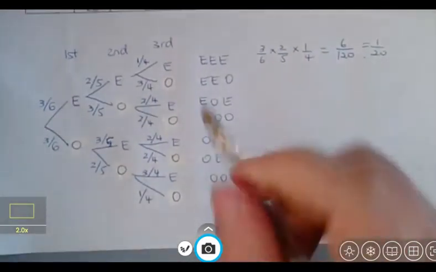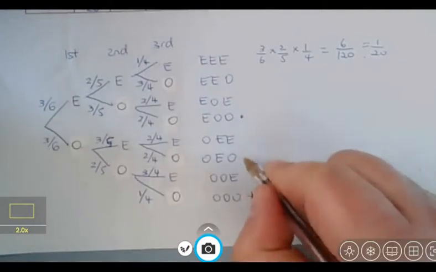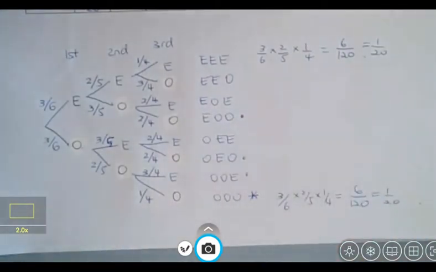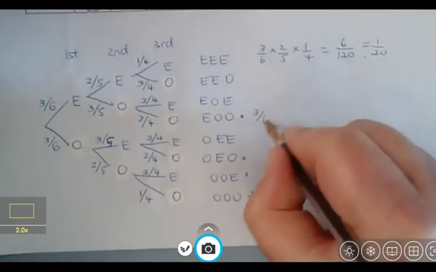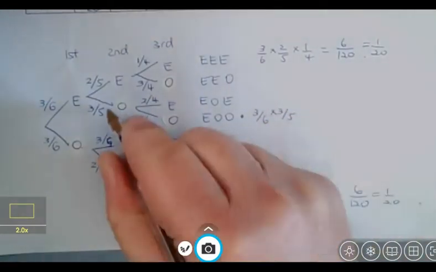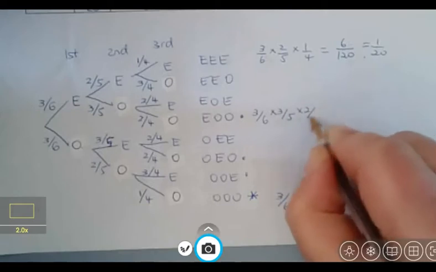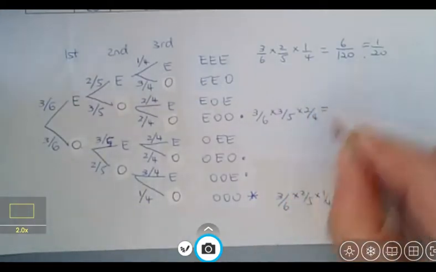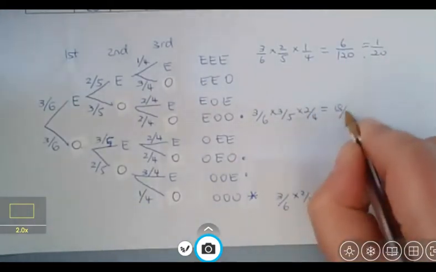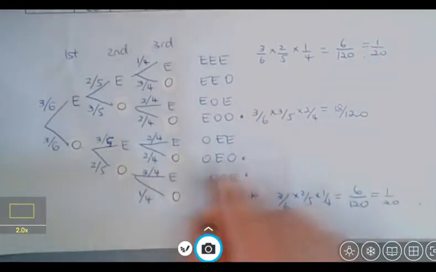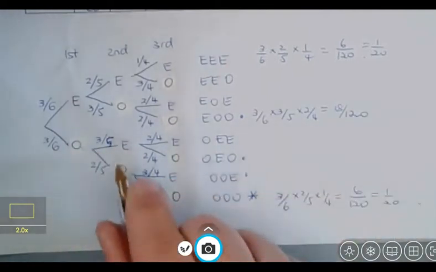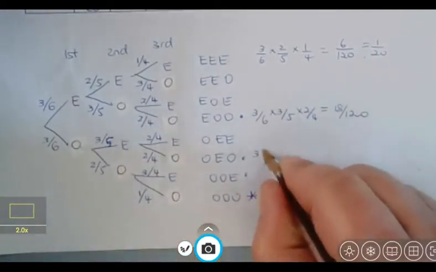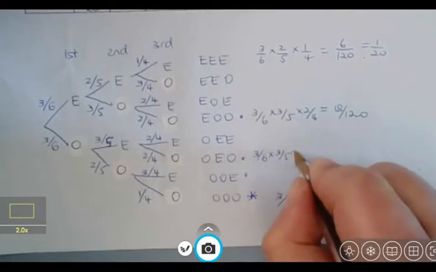Now you need to do 1 even, so it's these 3. And 1 even would be 3/6 times 3/5 times 2/4 for that one. It's 18 on 120. Let's just see if this one gives something. It probably will be the same. So this would be 3/6 times 3/5 times 2/4.